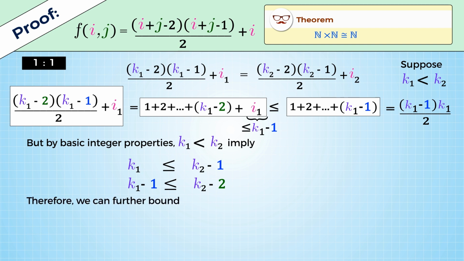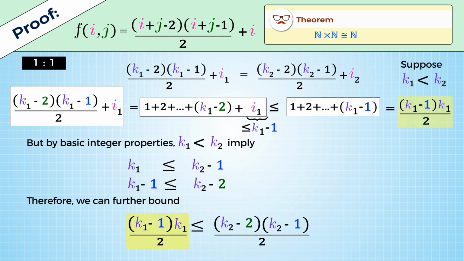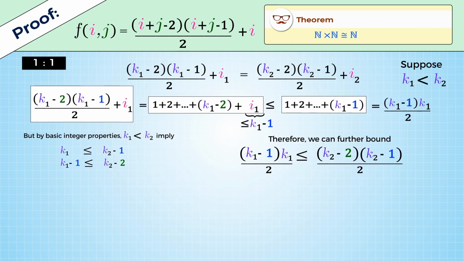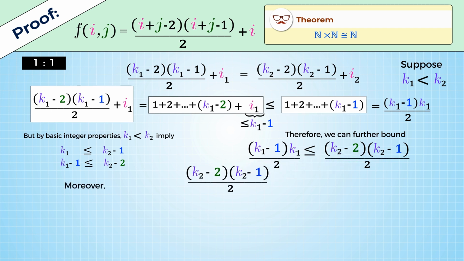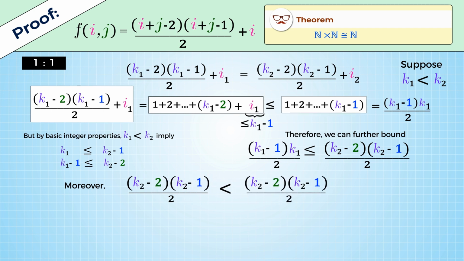Therefore, we can further bound (k1-1)k1/2 to be less than or equal to (k2-2)(k2-1)/2. Moreover, (k2-2)(k2-1)/2 is strictly less than (k2-2)(k2-1)/2 plus i2, because i2 is greater than or equal to 1.